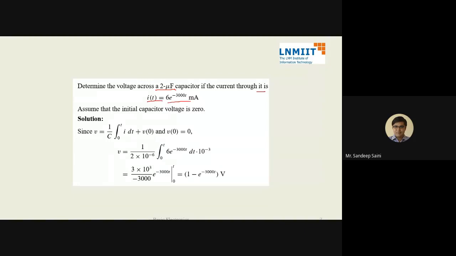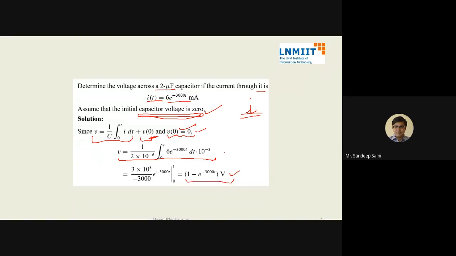It's a very simple thing. I am given the current value and we are asking for the voltage. So voltage is 1 by C integral of i dt plus V naught. V naught is not given, so I can assume it is 0. It is already given: assume that the initial voltage is 0. So you just simply integrate this, and we get this as our answer.